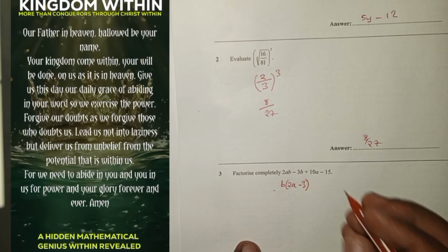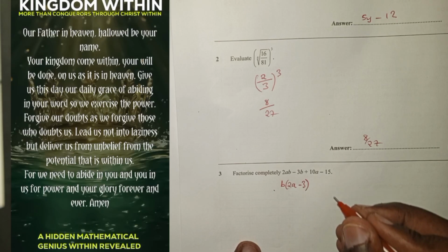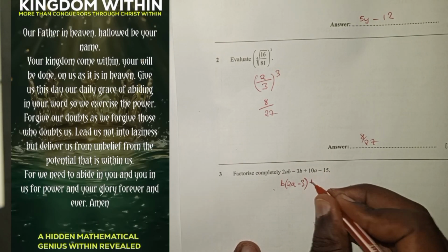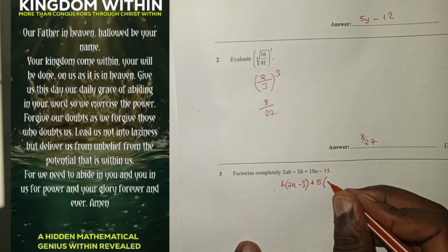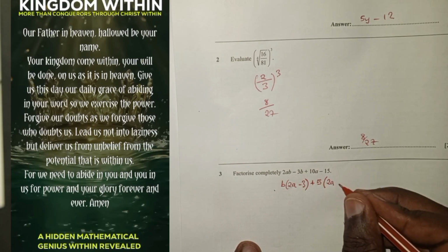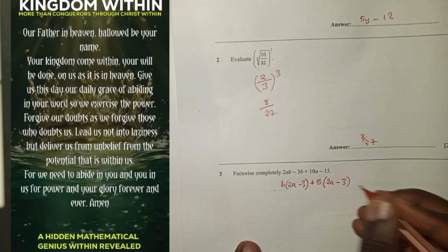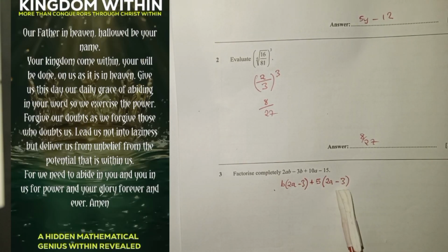Now the second group, that is 10a minus 15. What is the highest common factor for 10a and minus 15? That's positive 5. So you say plus 5. 10a divided by 5 gives 2a, and minus 15 divided by 5 gives minus 3. Again, we can see that here we have 2a minus 3, and here 2a minus 3.